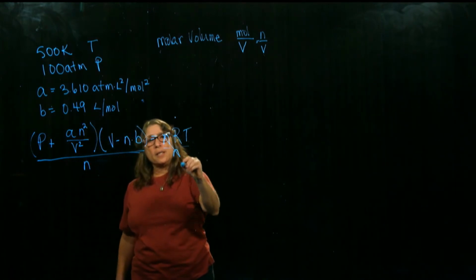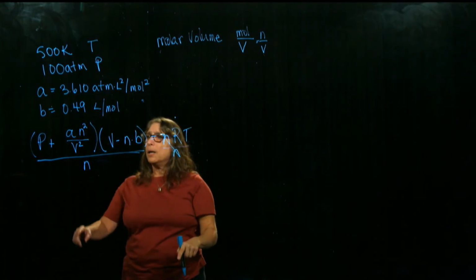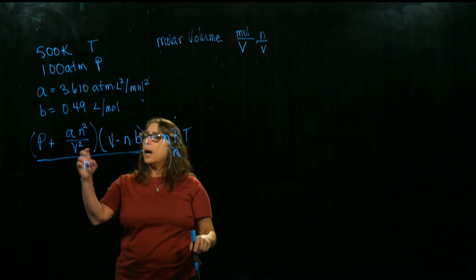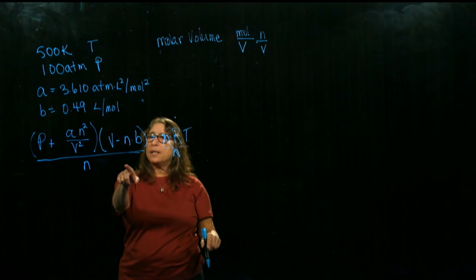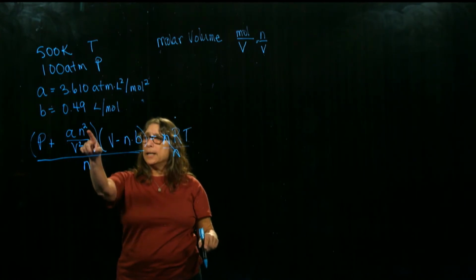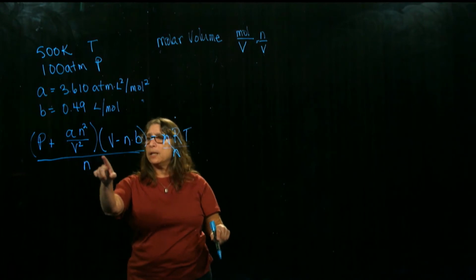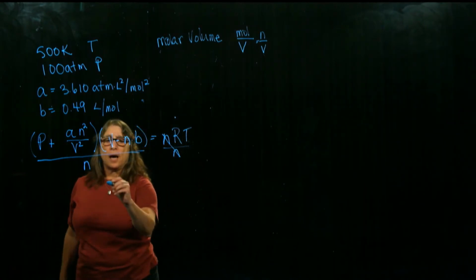Now this side is easy, I get RT, but this side, I have to decide what to do. I don't divide N into both sides, just one, and I notice that I have N divided by V here. So let me work on this side.